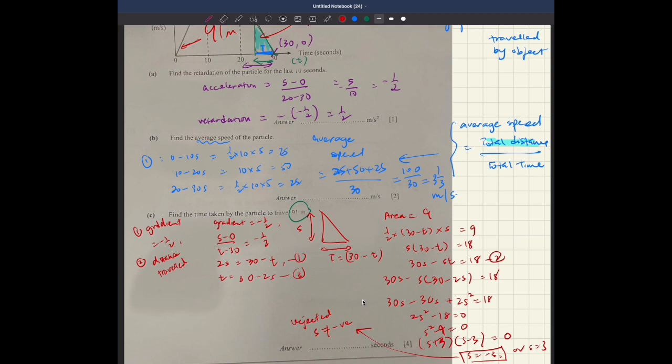So with that, you know that T would be 30 minus 2 times S, so it'll be 24 seconds.